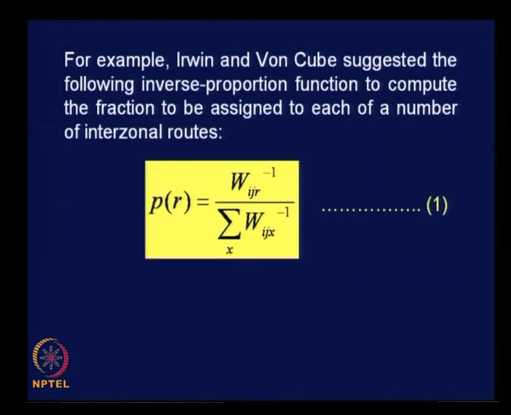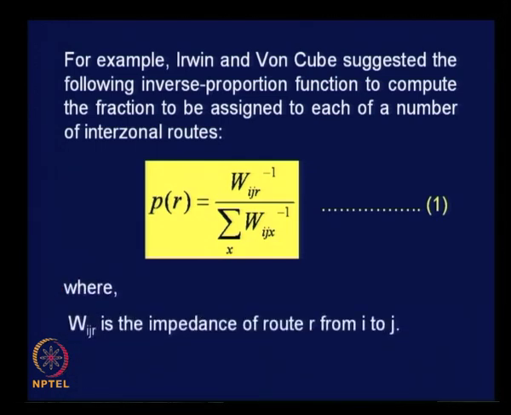Wijr raised to power minus 1 whole divided by sigma x equal to 1 to n Wij x raised to power minus 1. Wijr here is the impedance of route R from I to j, or for travel from I to j, right.